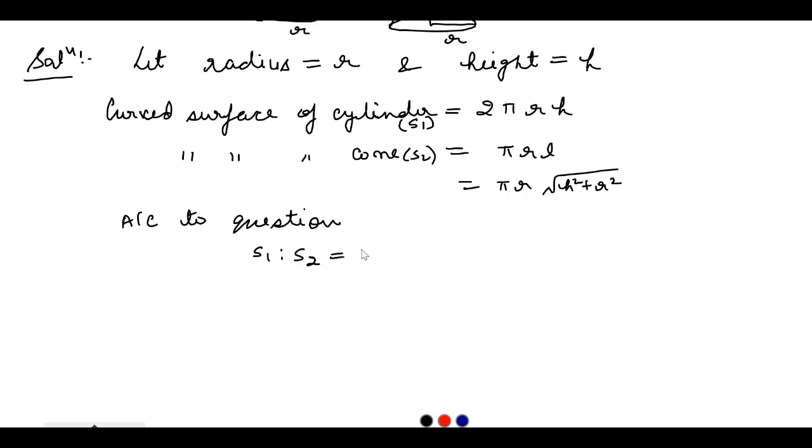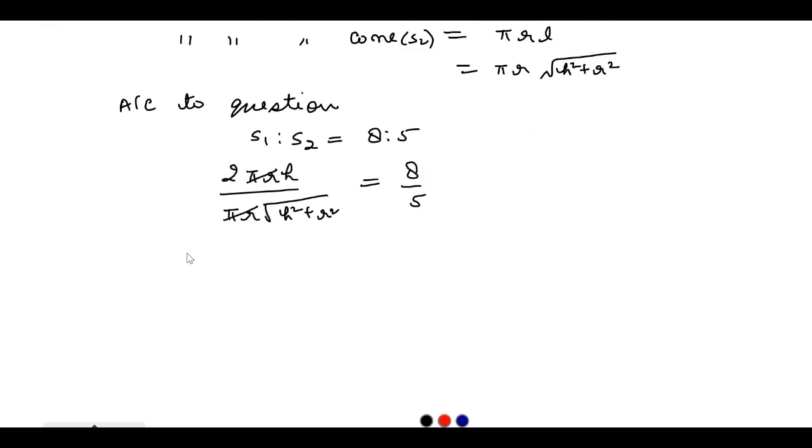S1 ratio S2 is equal to 8:5. Means 2 pi RH divided by pi r under root h square plus r square is equal to 8/5.